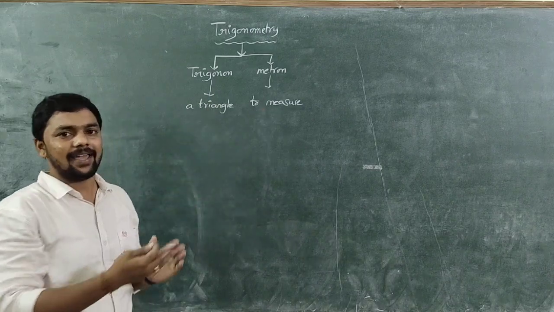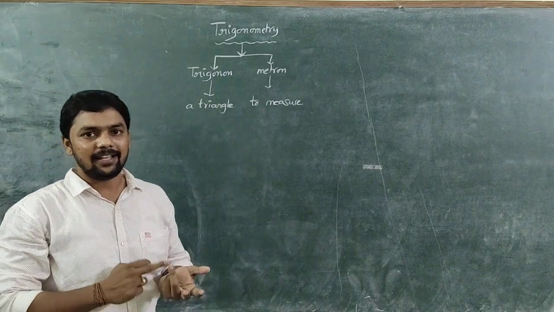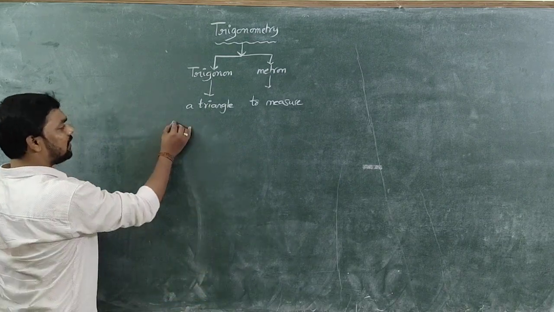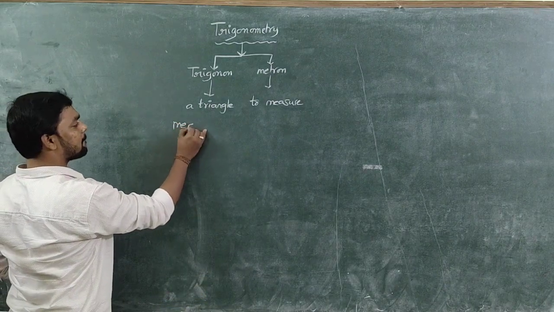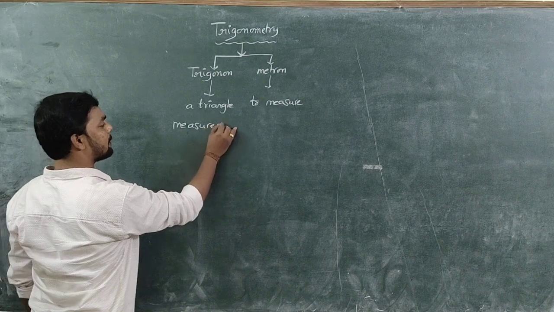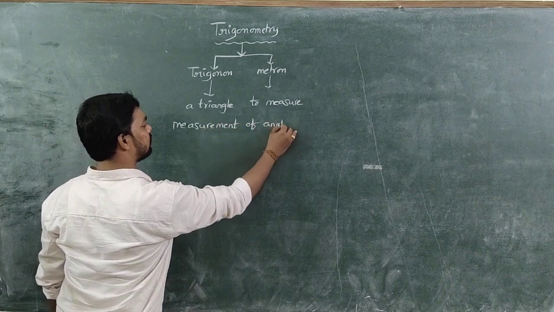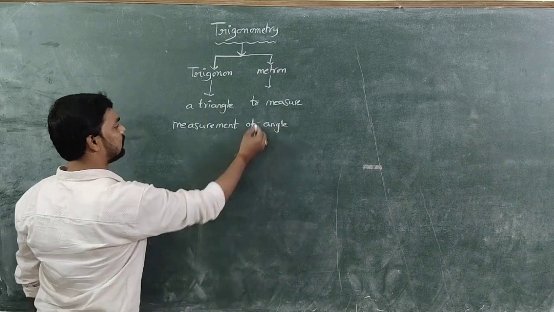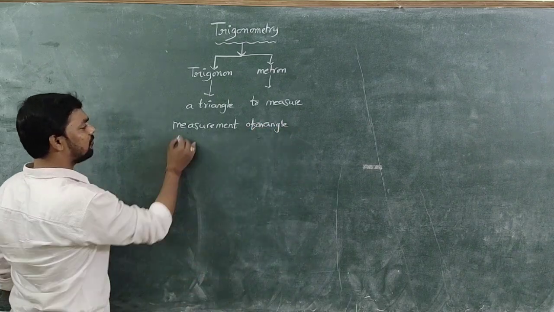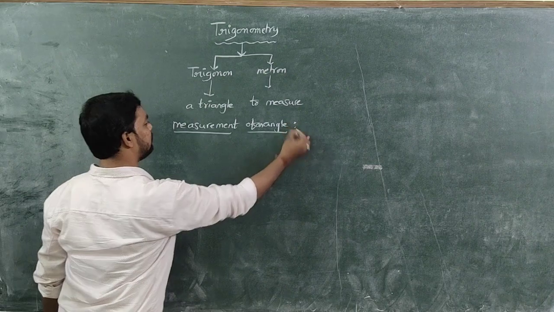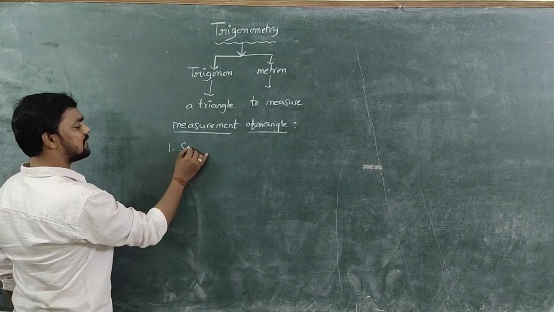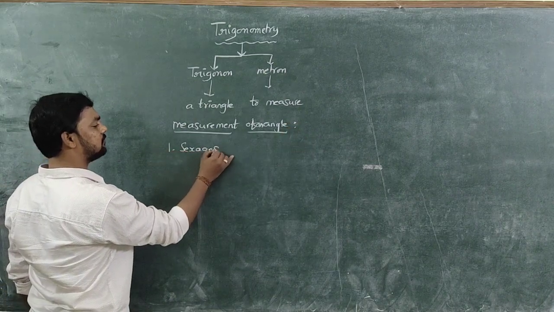To measure an angle, we have three different systems. The first one is the sexagesimal system.